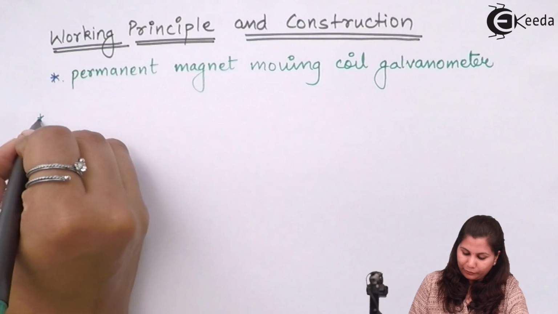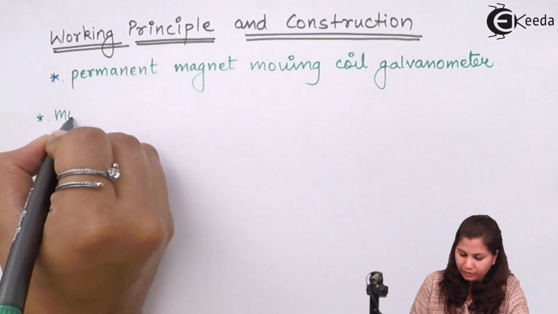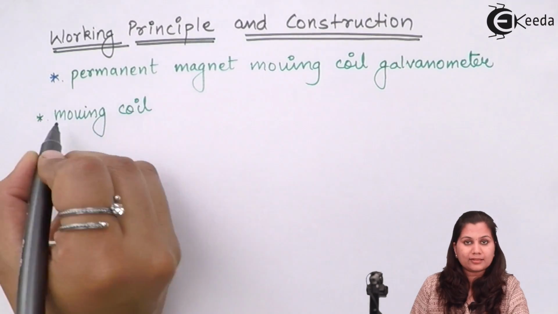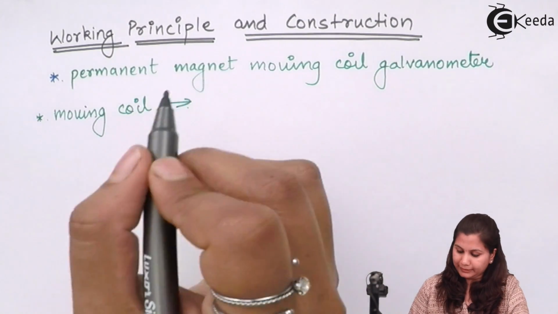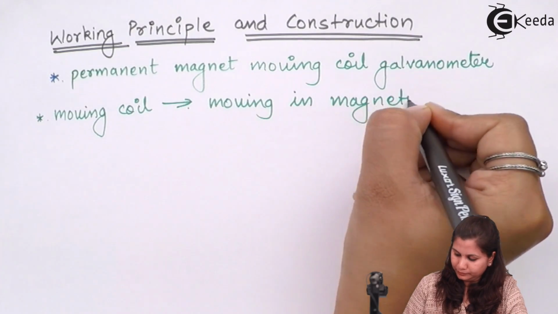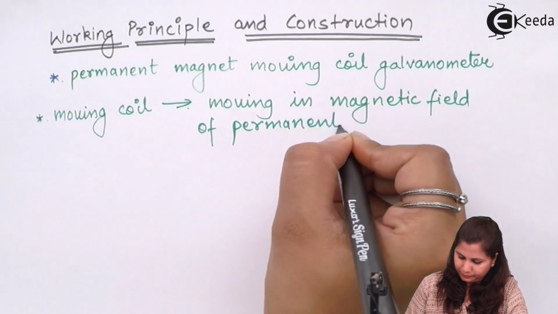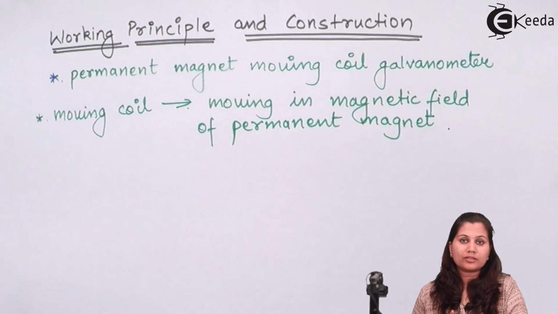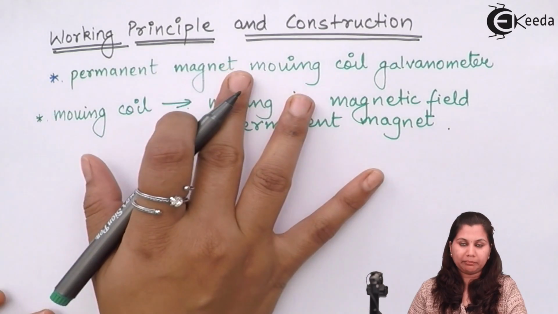In this galvanometer we will have a moving coil, and this coil is moving in the magnetic field of a permanent magnet. So the main parts of this galvanometer are the coil and the permanent magnet.